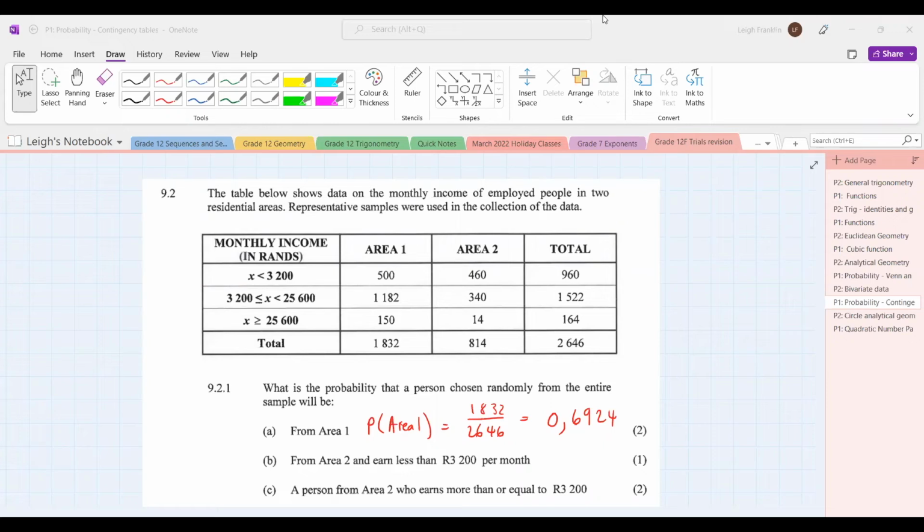What's the probability there? If you come from area 2 and you earn less than 3,200 Rand a month, there are 460 people out of the 2,646. Quite right. Let's just get this one down.